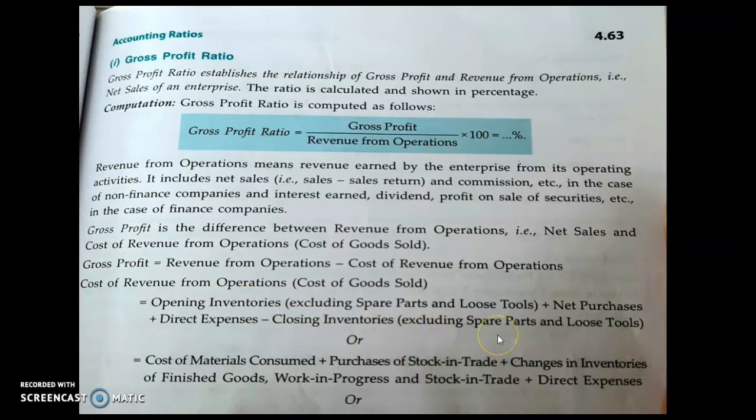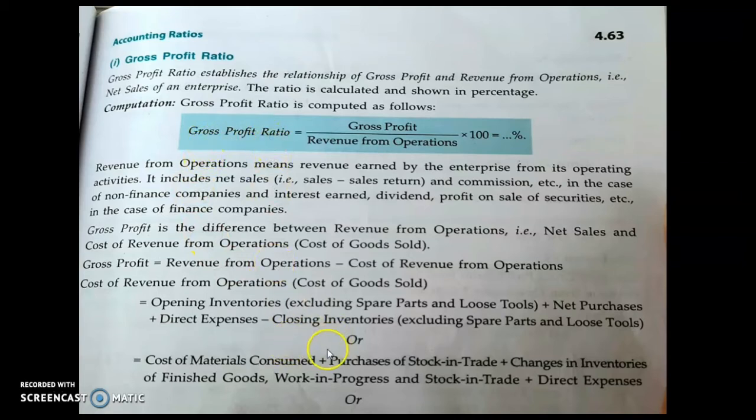The formula is the same as what we studied earlier, but you have to exclude spare parts and loose tools when you calculate cost of revenue from operation for gross profit ratio.